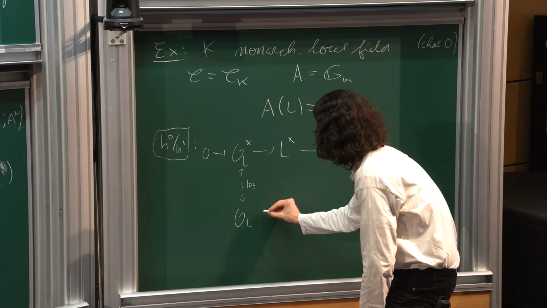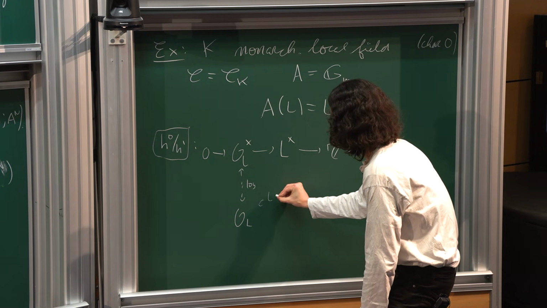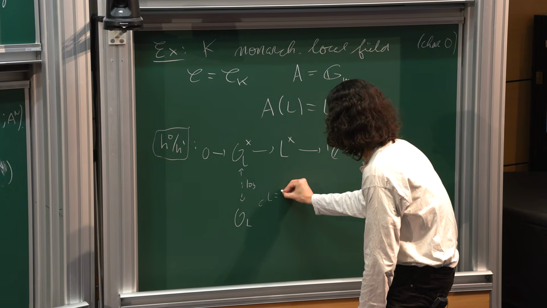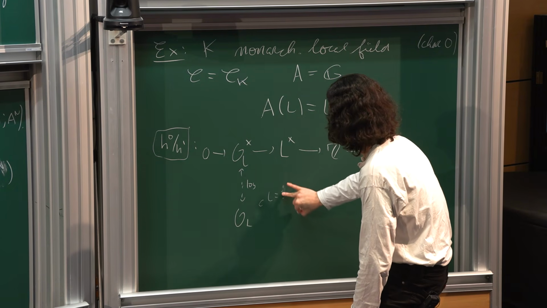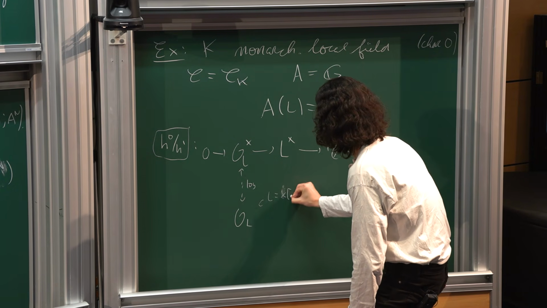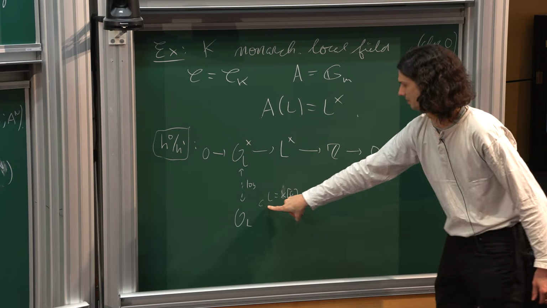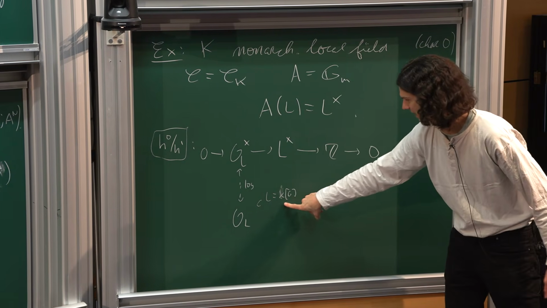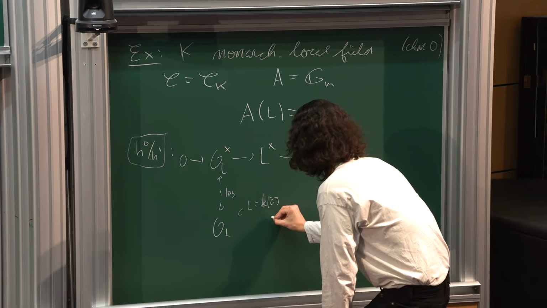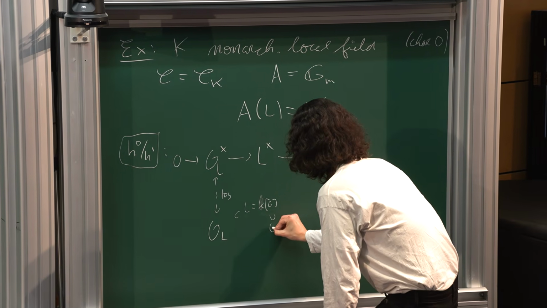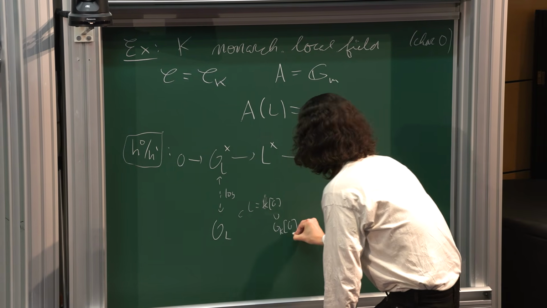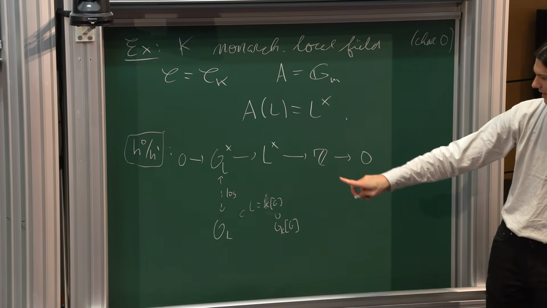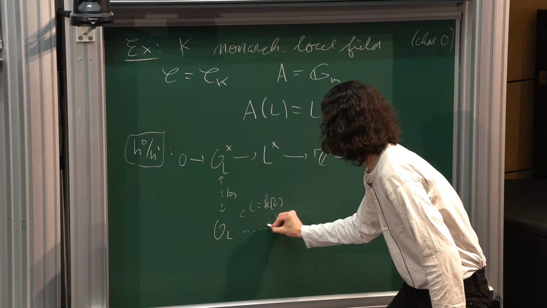But also, this is just some lattice inside L, and by the normal basis theorem, so implicitly we have some cyclic extension here, but by the normal basis theorem, if you had the bottom of a Galois group, this would be the same as this guy, but there's another lattice inside there, which is O_K[G]. So again, because you can work up to finite groups, this guy might as well be the same as this guy too.